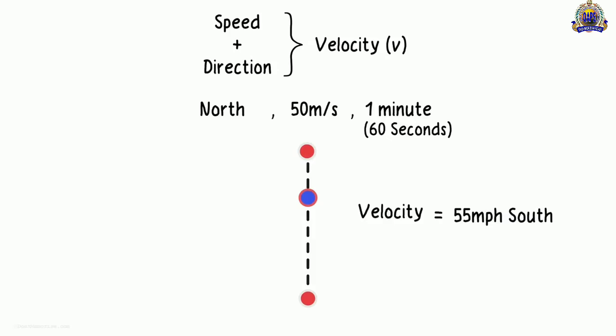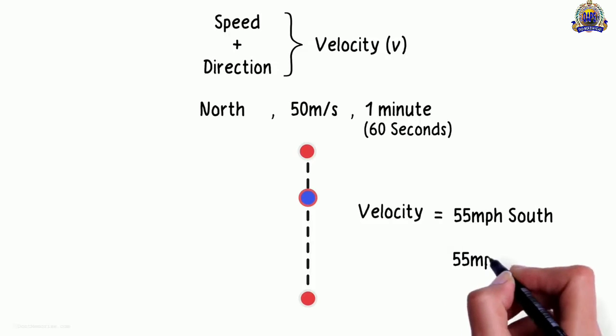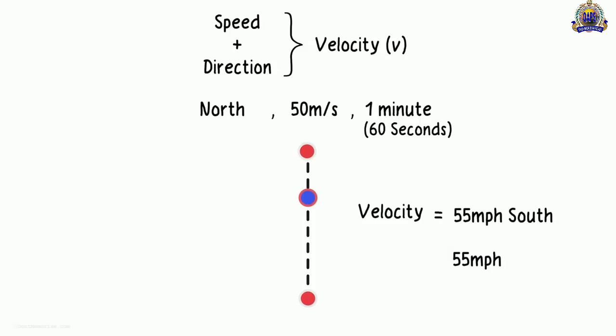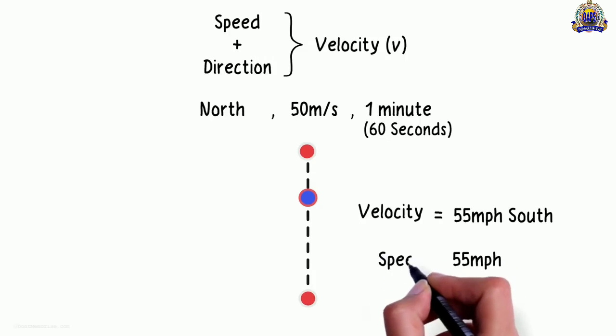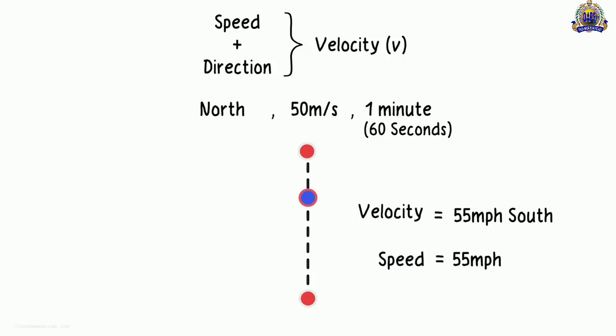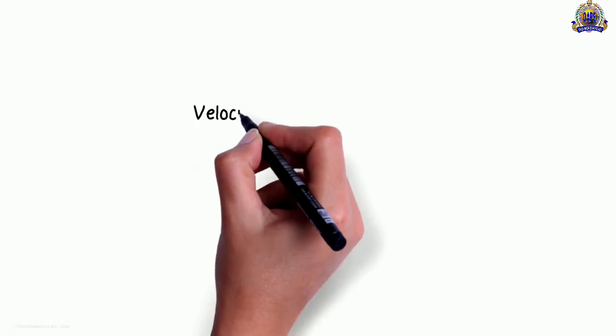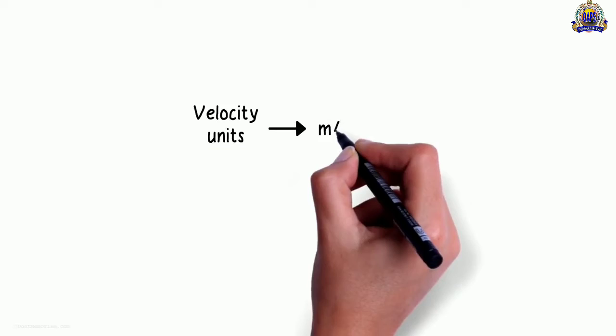Here the velocity of this substance will be 55 meters per hour, as we are taking the velocity of a substance according to the formula given. If the direction is covered, then it will be the velocity. If the direction is not particular, it will not be called velocity, but only speed. So what will be the unit of velocity?